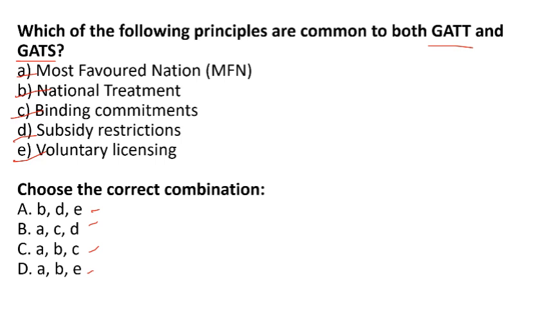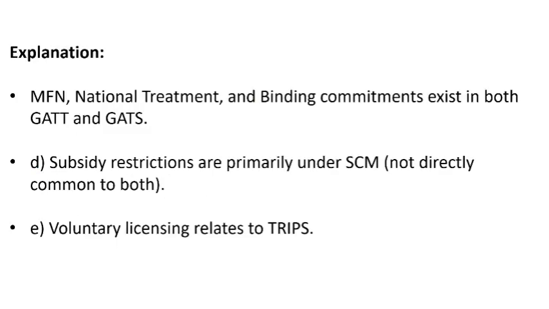All right. So the right answer is option A, B, and C. That means most favored nation, national treatment, and binding commitments. Let's have an explanation of it. MFN, national treatment, and binding commitments: these three principles exist in both GATT and GATS.